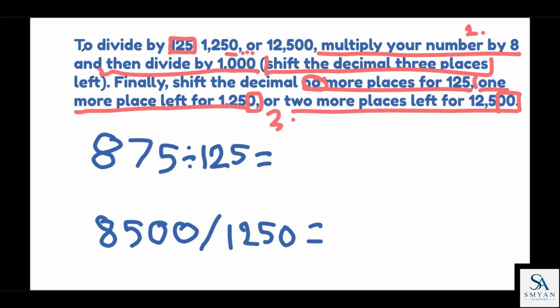Okay, so we have 875 divided by 125. The trick is we multiply 875 by 8. When we multiply by 8, you should be able to do it mentally if possible, but your answer should be, carry the 6 and all that stuff, you should get 7,000.